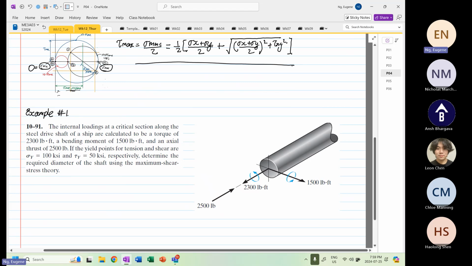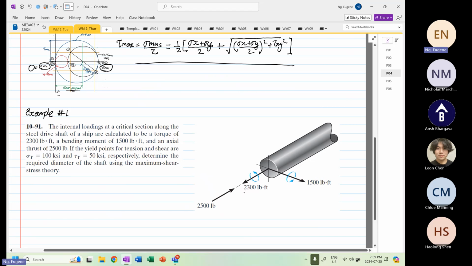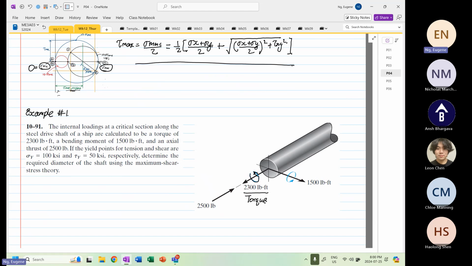The internal loading at a critical section along the steel shaft of a ship is calculated to be a torque of 2,300 pound-feet. So you can see down here, 2,300 over here. This is a torque, and you have a rotation down here to highlight that this is a torque. And you have a bending moment of 1,500 pound-feet.